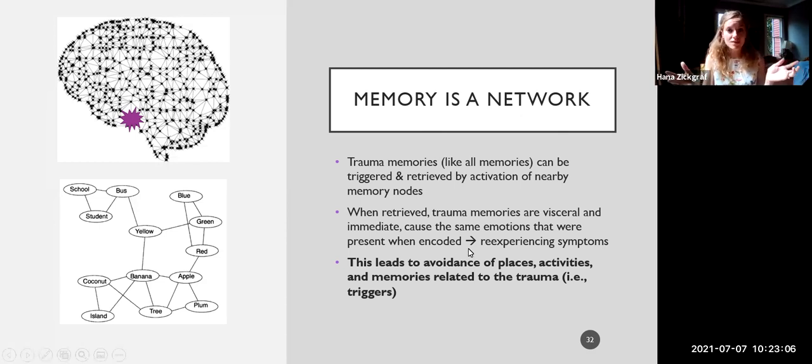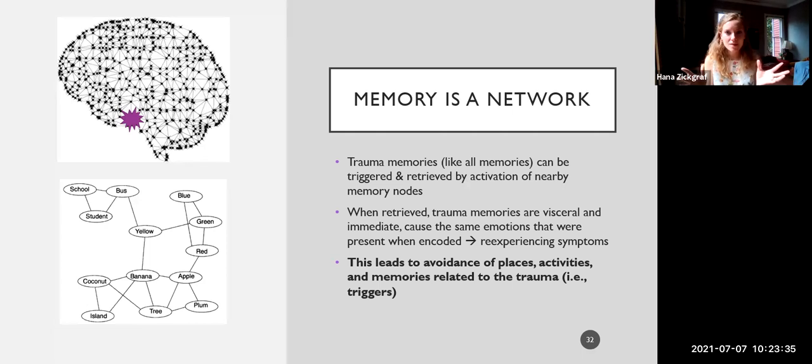Trauma memories, similar to other memories, can be activated by the activation of nearby nodes. And because when they're retrieved, they're so arousing and visceral, we basically re-experience them as they're retrieved. So trauma memories can easily be triggered by things that remind us of the trauma, things that are similar to the trauma, or even by things that might seem really distant through this process of spreading activation.